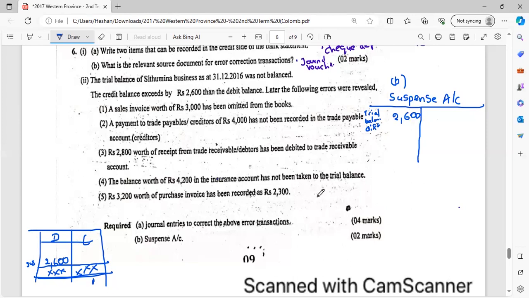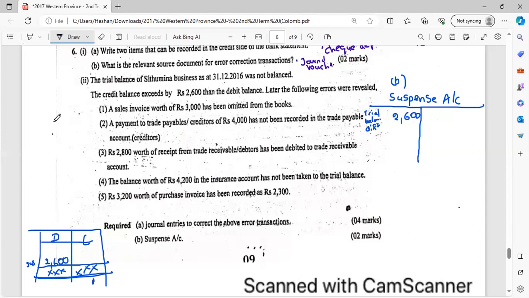Now later the following errors were revealed. A sales invoice worth 3,600 has been omitted from the books. Because we record sales invoices in the sales journal, this transaction has not been recorded in the sales journal.